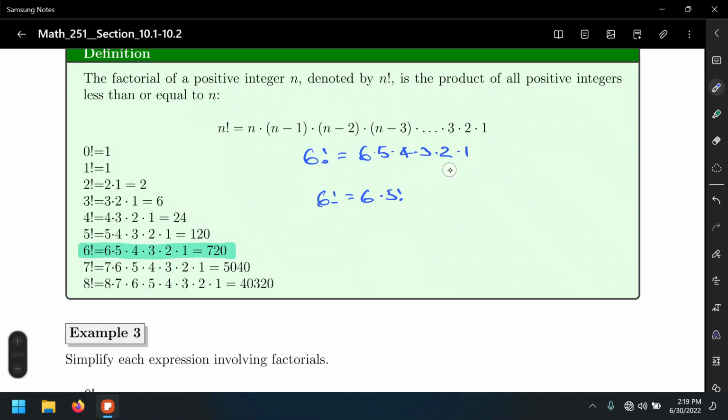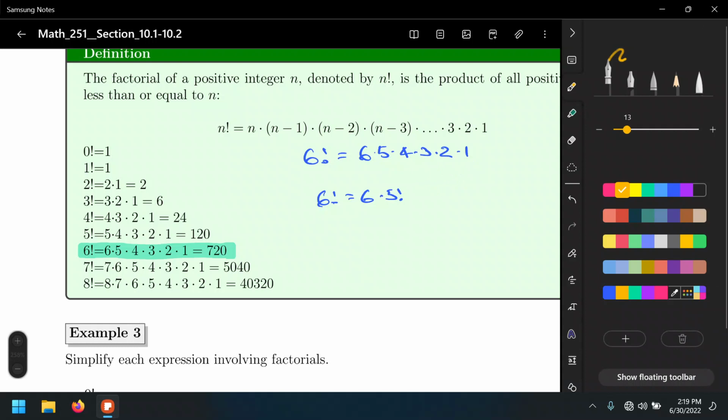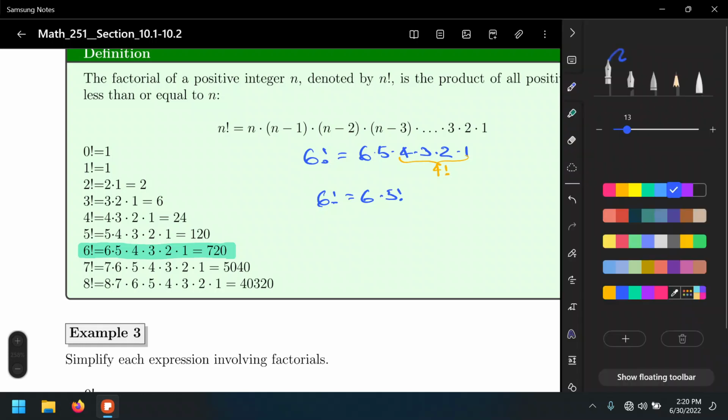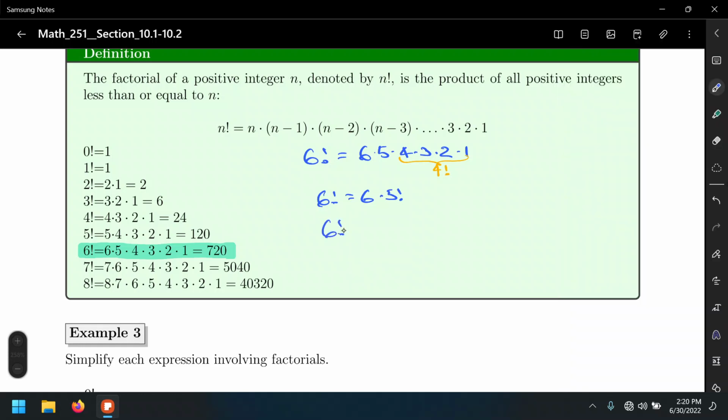Now, another way to write this down is to group the last 4 digits, and isn't this 4 factorial? Because that's 4 times 3 times 2 times 1. So another way to rewrite this is 6 factorial equals 6 times 5 times 4 factorial.